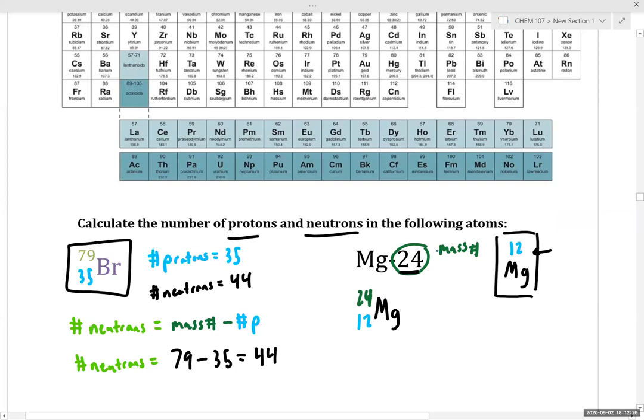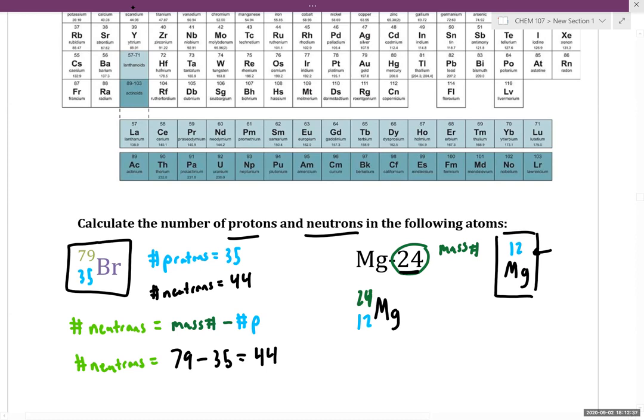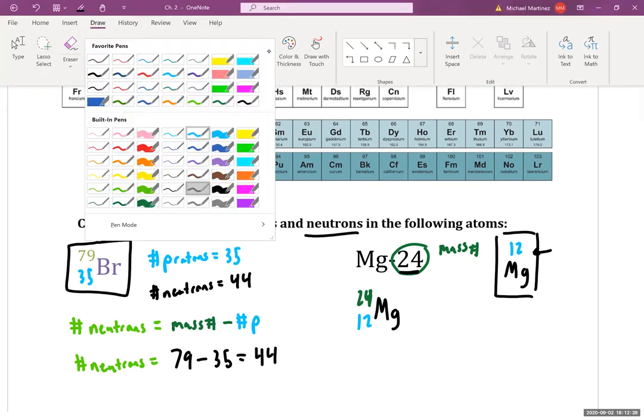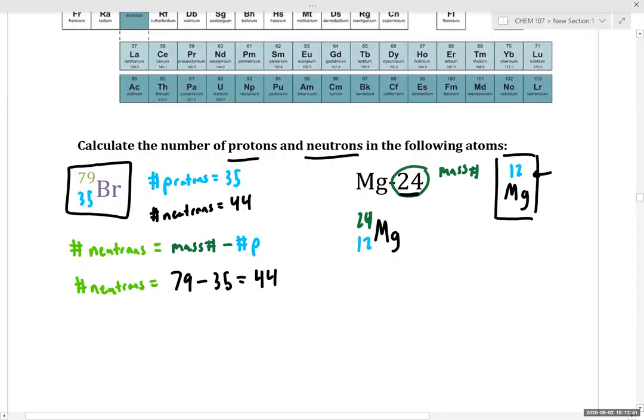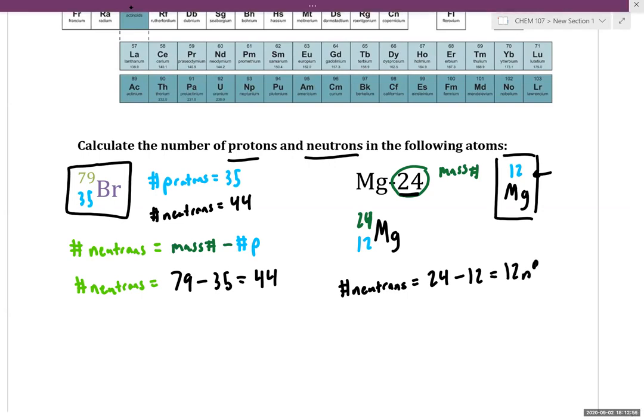So now that we have the mass number, which is different than atomic mass, this is the total number of protons and neutrons for this specific atom. What we're going to do now is calculate the number of neutrons. To calculate the number of neutrons, we're going to take our mass number of 24 minus the number of protons, which is 12, and that gives us 12 neutrons.